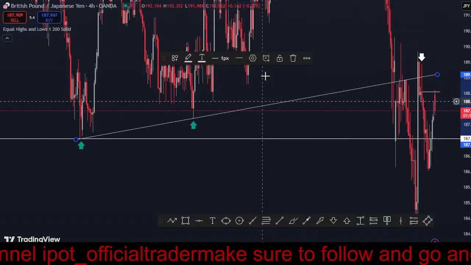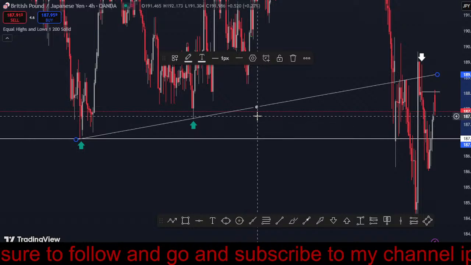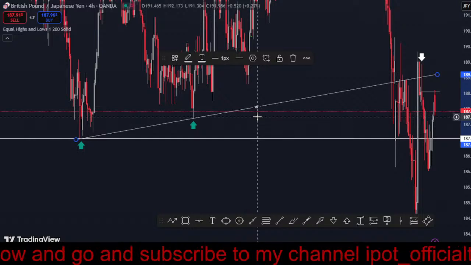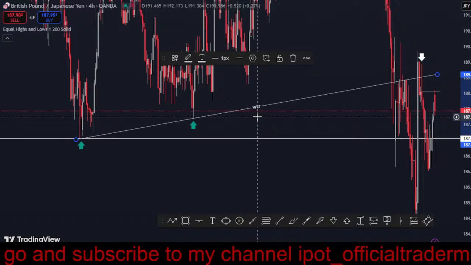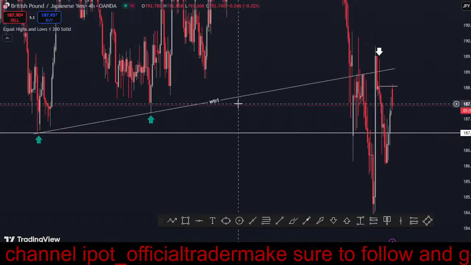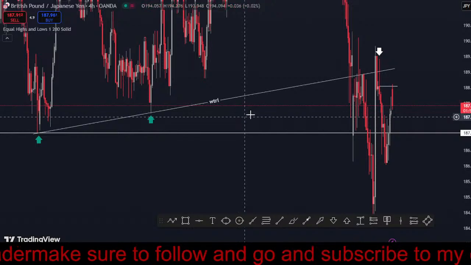Right, so this is going to be a weak TRL. And now when we look at a weak TRL, it confirms breakouts, or rather it shows us where we have to be looking at breakouts.